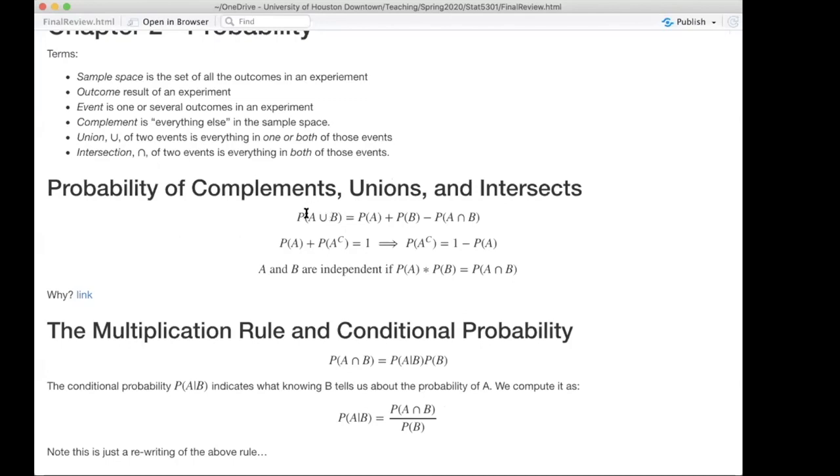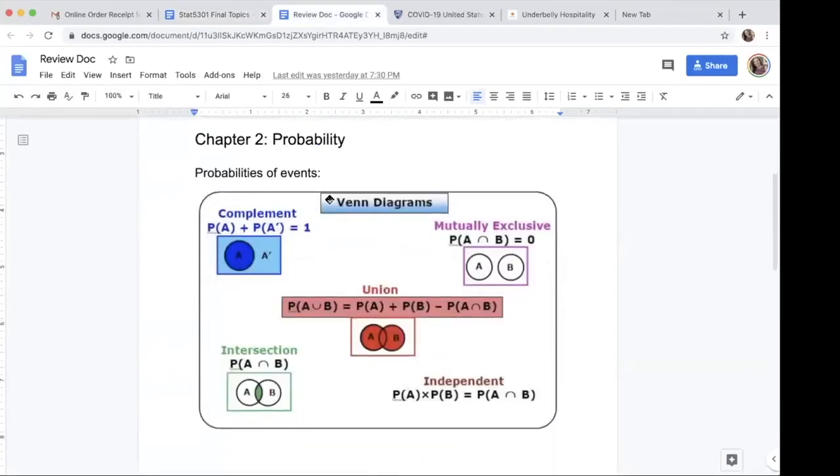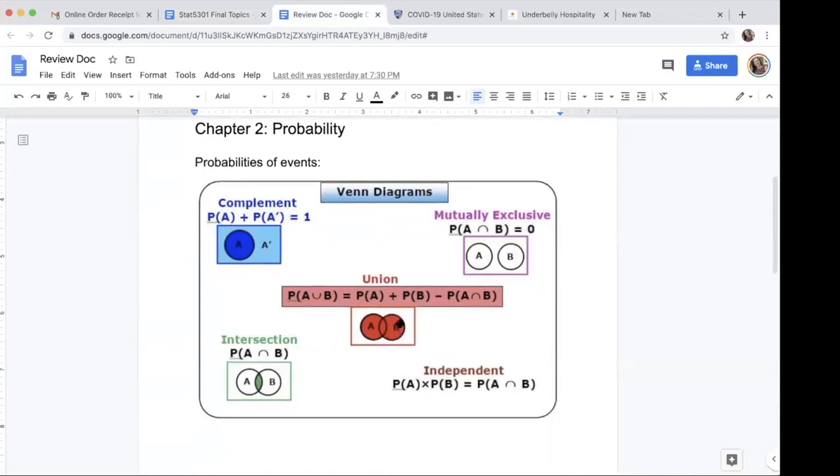So the union of A and B is everything in those. The intersection is everything that is in both of those events, right? Let me just share this guy and this guy, right? Cool. So the union is this whole thing.